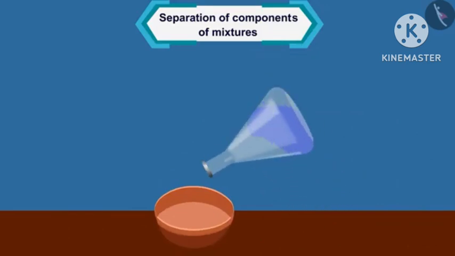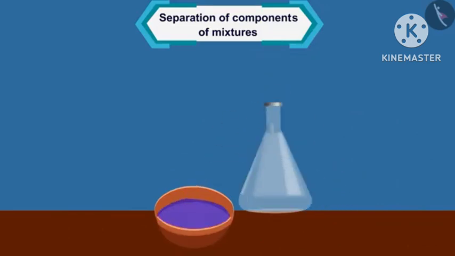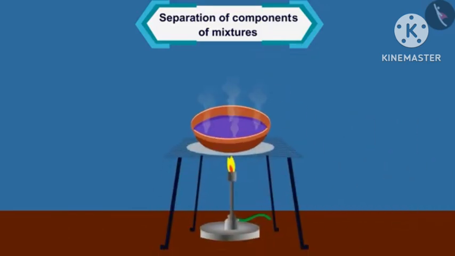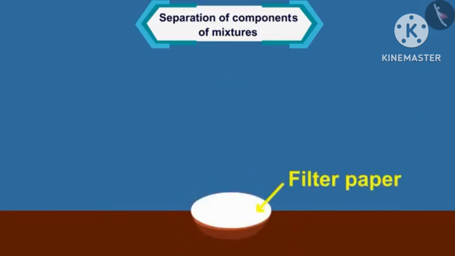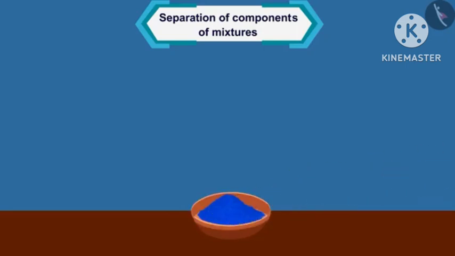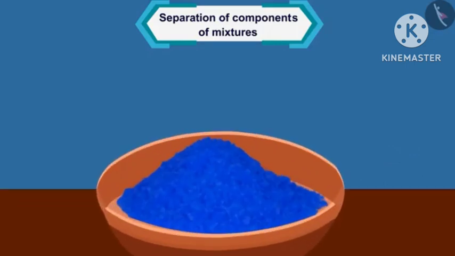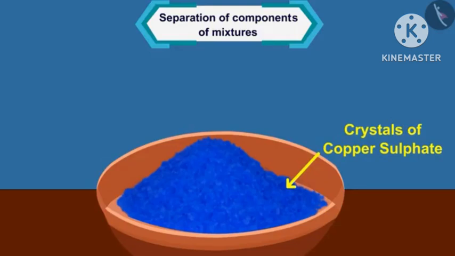Now vaporize the water from the solution of copper sulfate to obtain the saturated solution. Cover the solution with a filter paper and leave it undisturbed at room temperature to cool throughout the day. What do you see? We can see that there are crystals of copper sulfate in the ceramic cup.